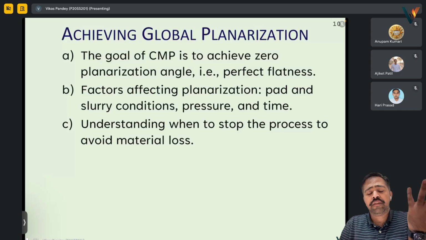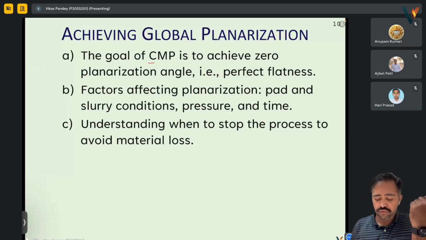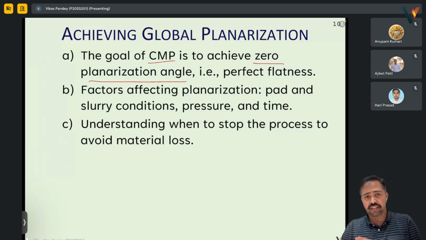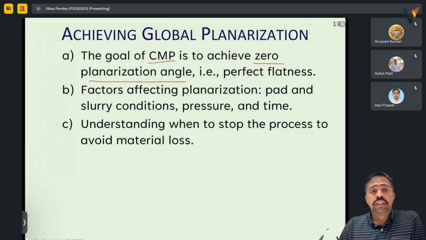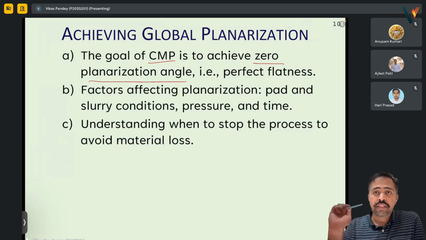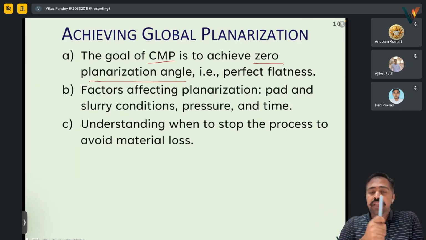First, we have already seen that the goal of CMP is to achieve zero planarization angle, that is perfect flatness. For the global planarization, that means all the areas should have the same planarization.